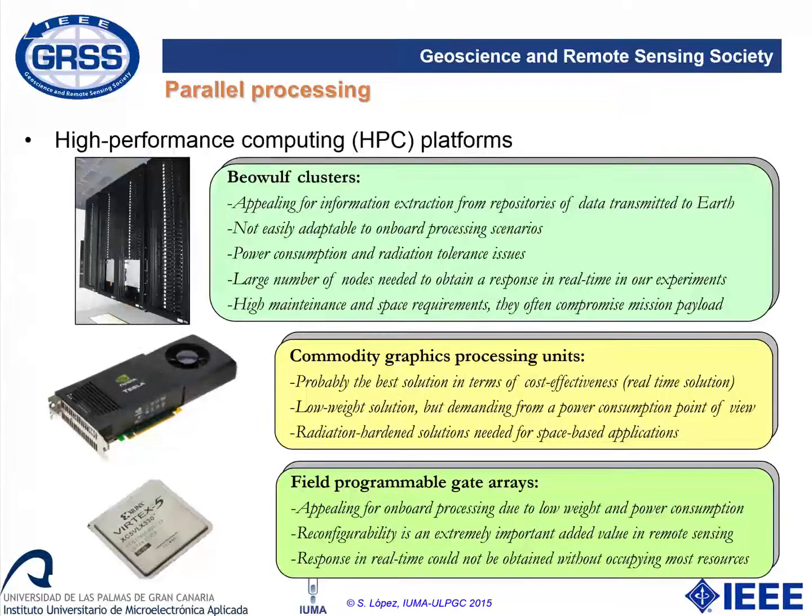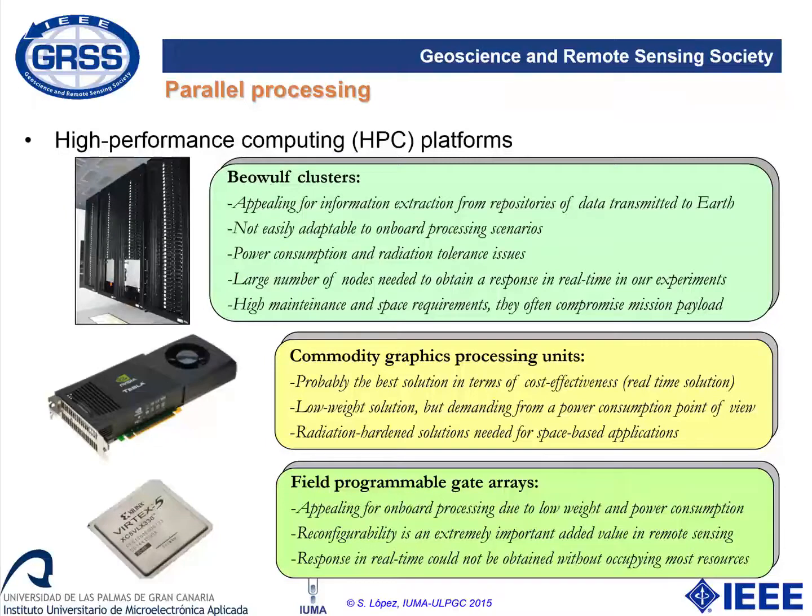If we go for a solution that is more suitable for a remote sensing scenario, then we have GPUs, graphics processing units, which have become very popular nowadays because of the video gaming industry, although nowadays they are used in lots of things radically different from video gaming. They are a very good solution in terms of cost effectiveness.